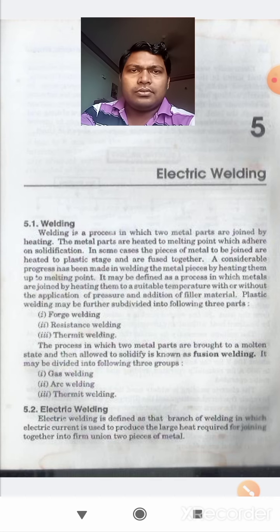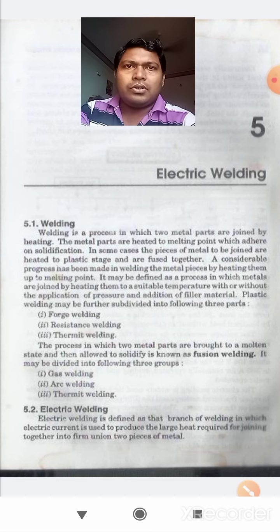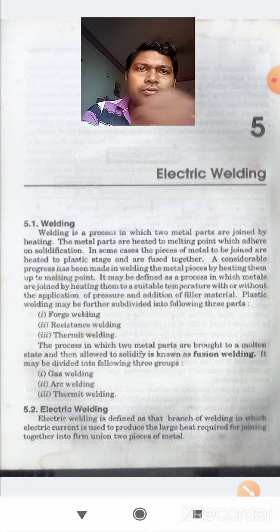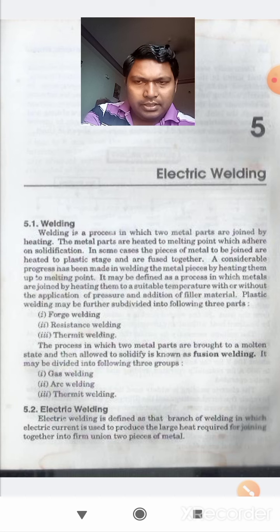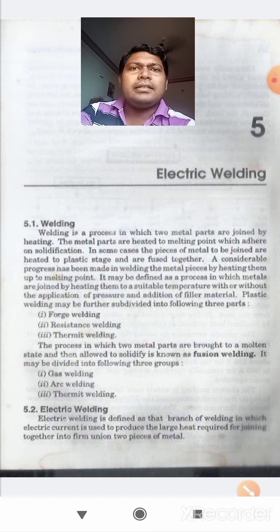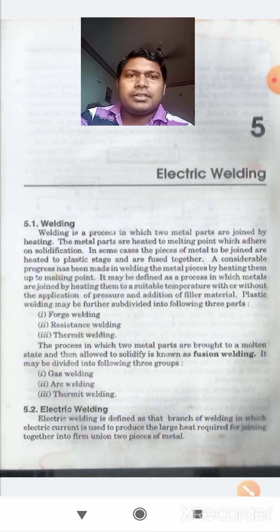Adhere means to make a bond, like glue. We cannot make some artificial glue. We will just melt the metal, and then we will make it a joint.